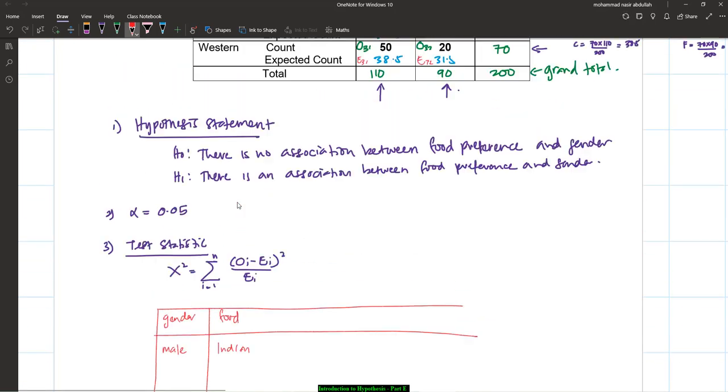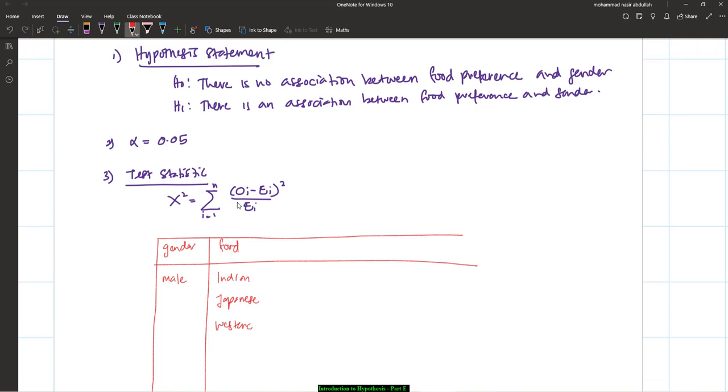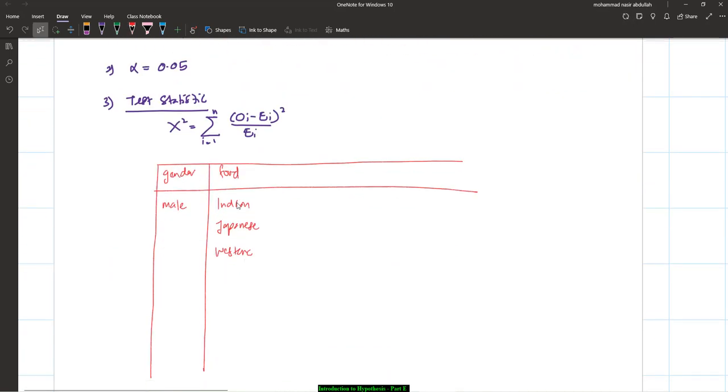And then after Indian we have Japanese and Western. And for female, we still have the same food preference, Indian, Japanese, Western.